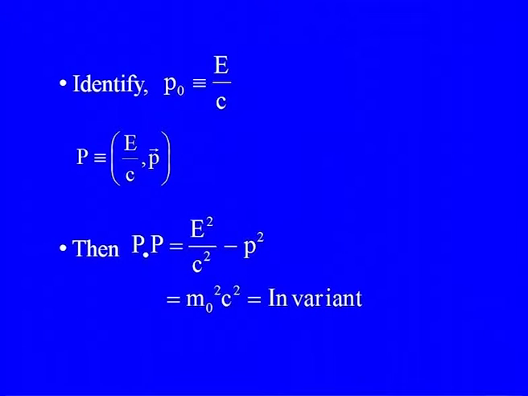Now, why do we call it the four-momentum? More of it a little later. But here what we see is that if we identify this P0, the 0th component of the four-momentum, as E by c, and the other three components as the linear momentum itself, then the dot product of this four-momentum, shown by capital P dot capital P, is still an invariant quantity.